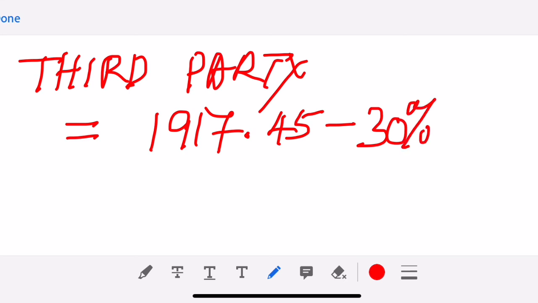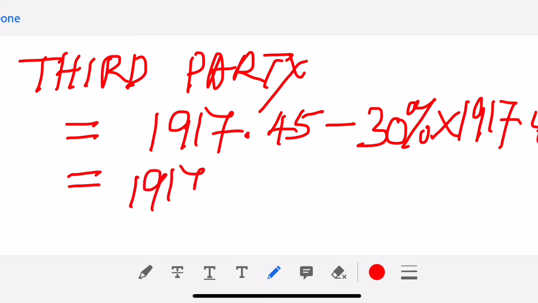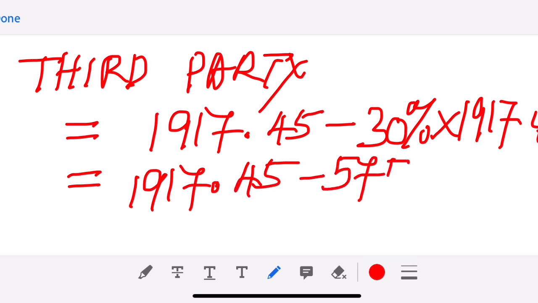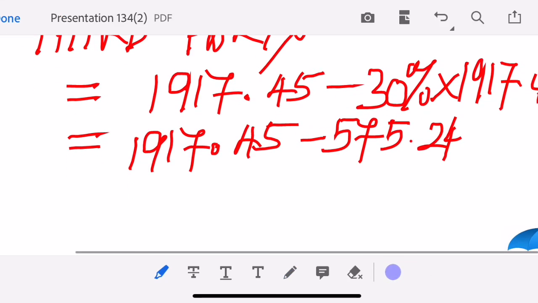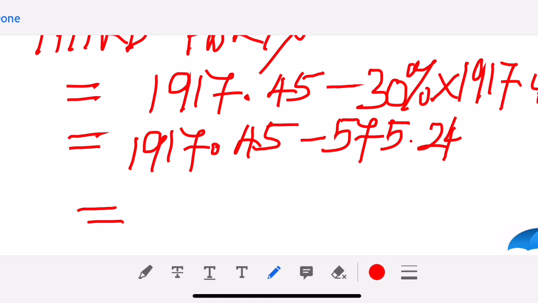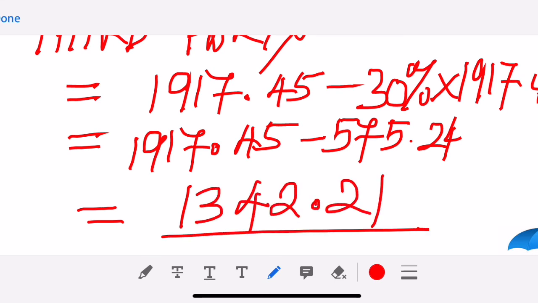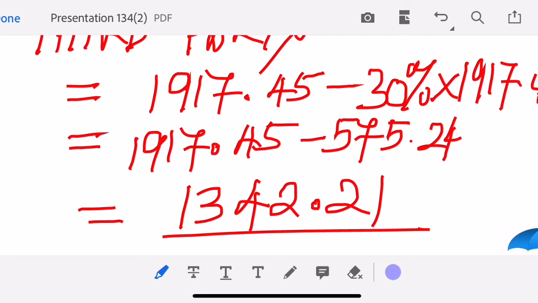So the amount is 1917.45 minus 575.24, right? So after you press your calculator for the third party, the amount is 1342.21. This is for third party after minus the NCD.